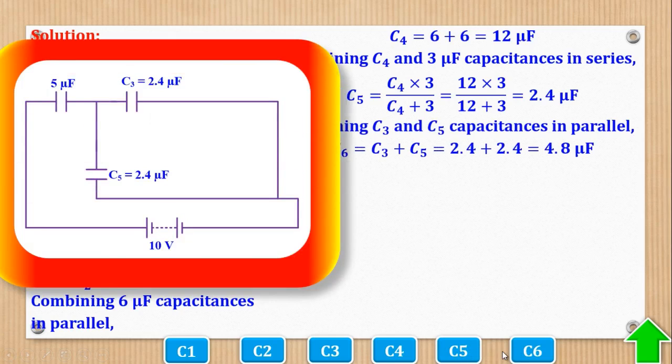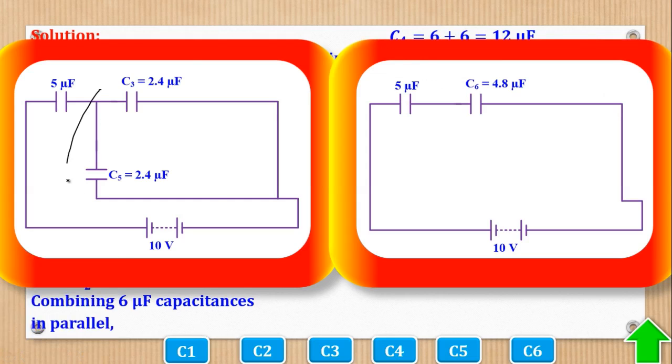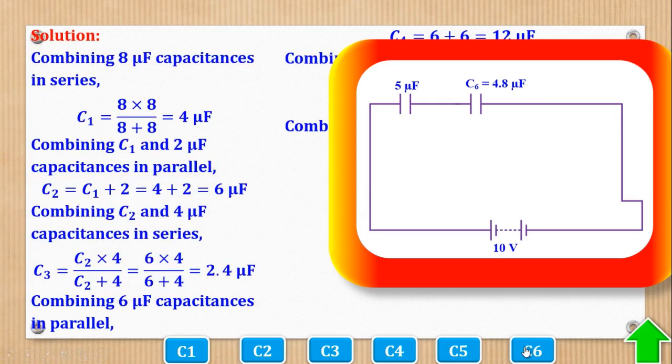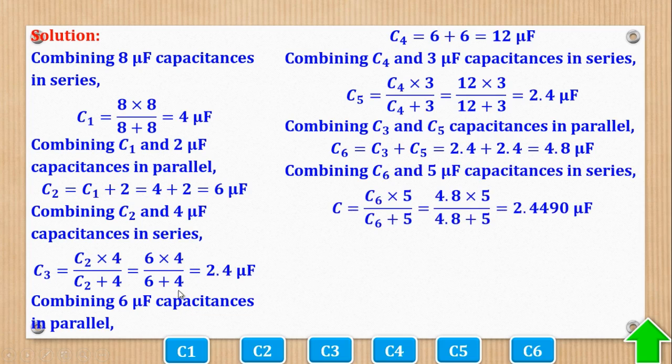So that means that now these 2 have been combined into 1 to give you this. So now I think I'll say that is now simpler because these 2 are now in series, meaning you can get the total capacitance. So combining this and this in series, we can get the total capacitance as that.